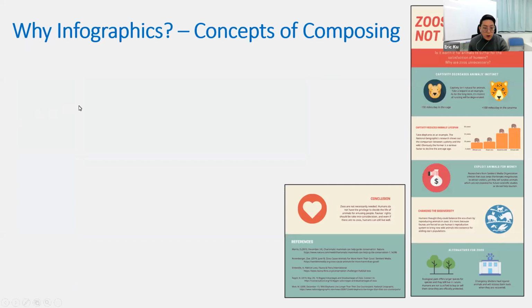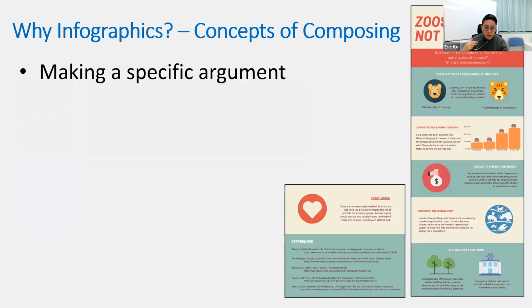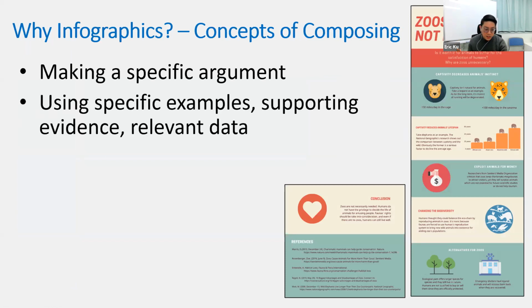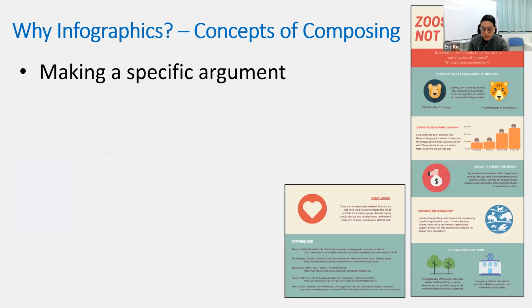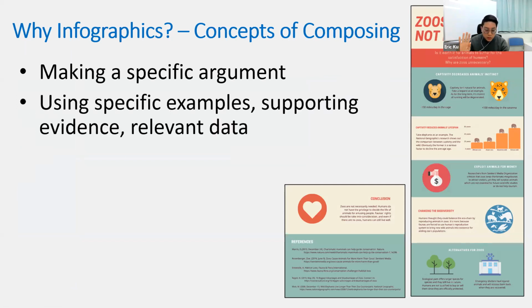Another reason why infographics are useful is that they share a lot of the different concepts of academic writing. So for example, needing to make a specific argument. This is from my student, by the way. This is student work. So needing to make a specific argument throughout the whole infographic.